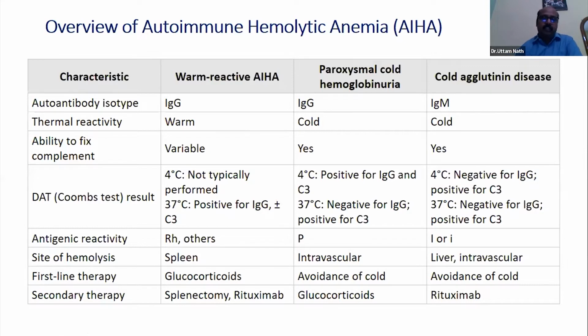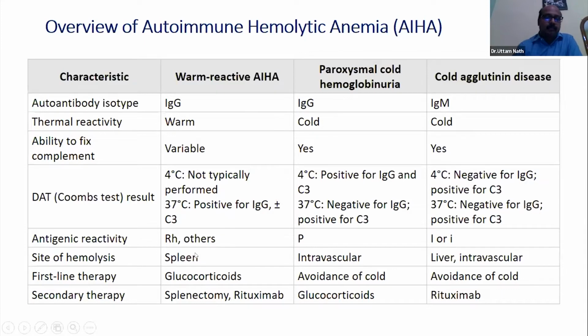Coombs test typically is positive for IgG as well as C3d in warm AIHA, but in CAD, cold agglutinin disease, usually it's positive for the C3d part of the Coombs reagent. The target antigens and the major site of hemolysis vary.